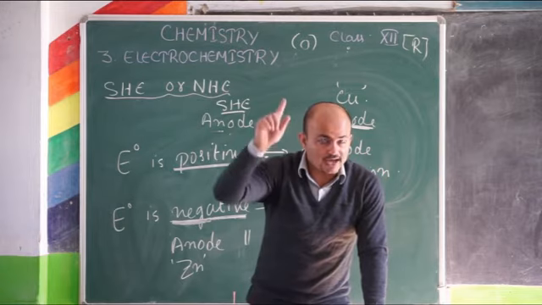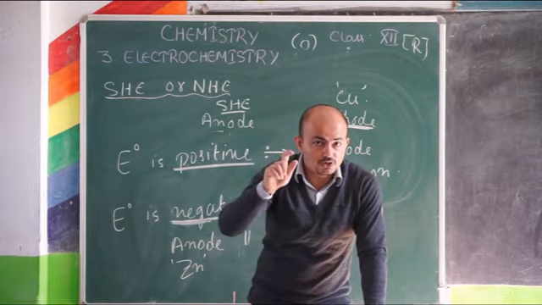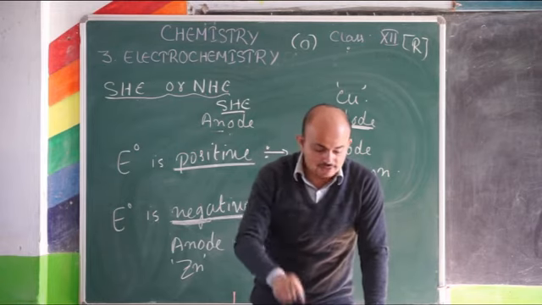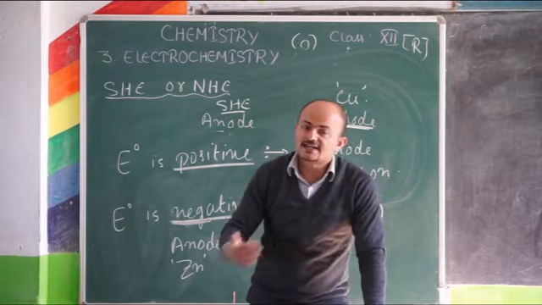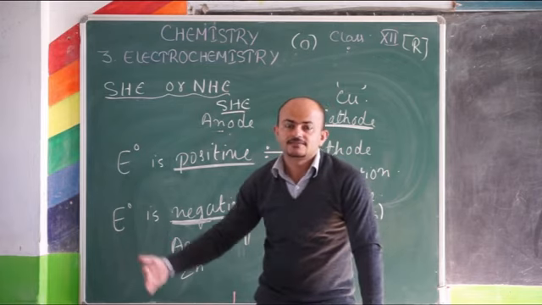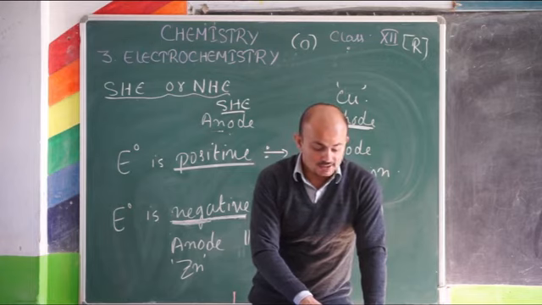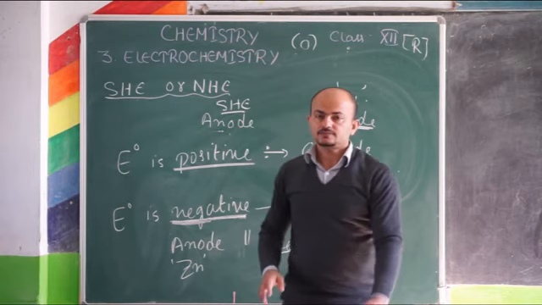From the highest value it has decreased and come to 0, and 0 is for what? Hydrogen. Please remember, 0 is for hydrogen. As you go down, it starts becoming negative, more negative, and the last one is K plus / K, whose value is minus 2.90.